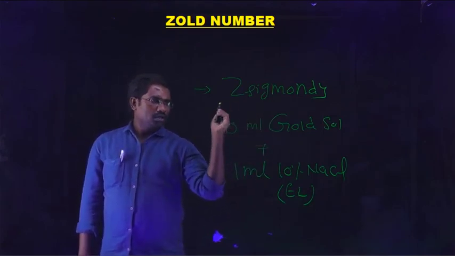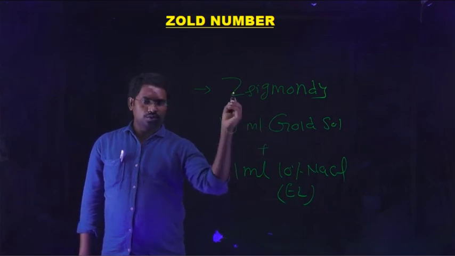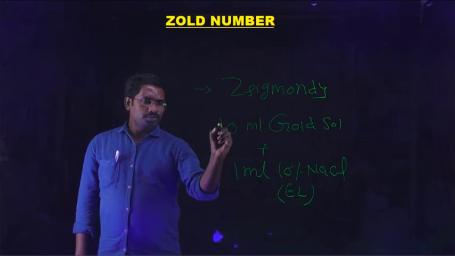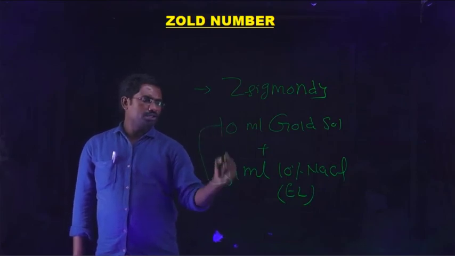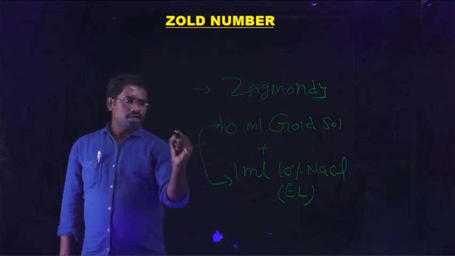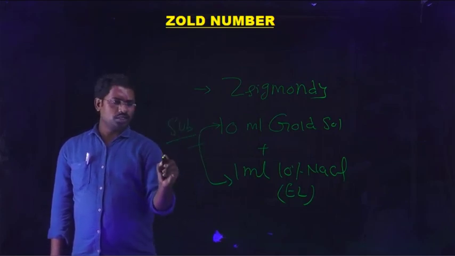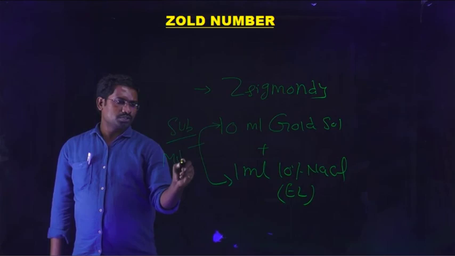This is an electrolyte. The gold solution is a colloidal solution, very less stable. Here sodium chloride is an electrolyte. To stop the coagulation between the gold solution and sodium chloride, we are adding another extra substance. That substance's mass we can take in milligrams.